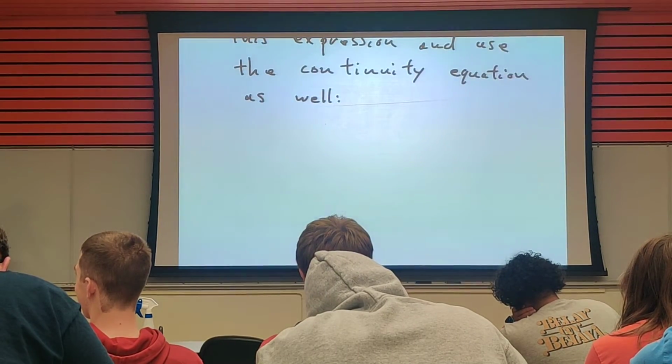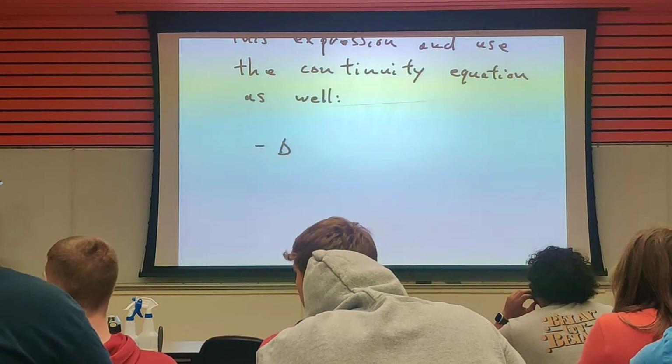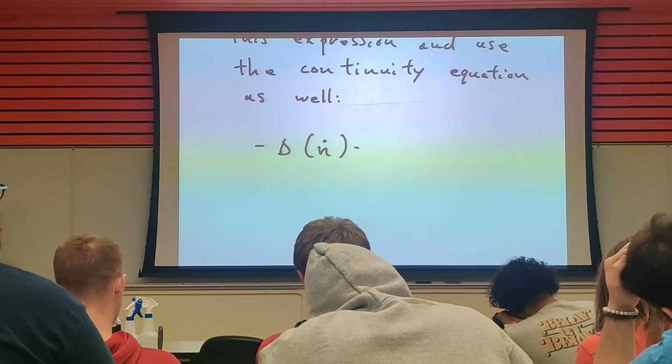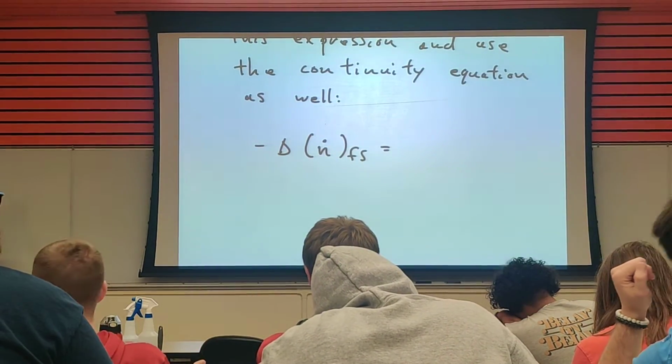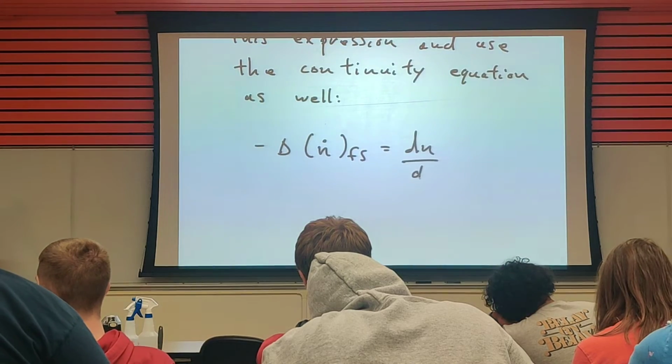So we have that minus delta m dot for the flowing streams is equal to the change in mass. This is the continuity equation.